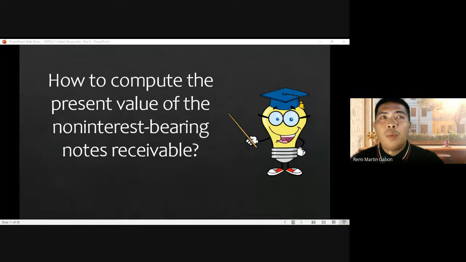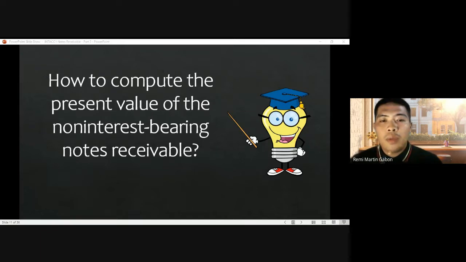We computed the present value of the principal plus the present value of the interest. But here, in non-interest bearing, what is done is to compute the present value by multiplying a present value factor with the entire face amount of the promissory note.